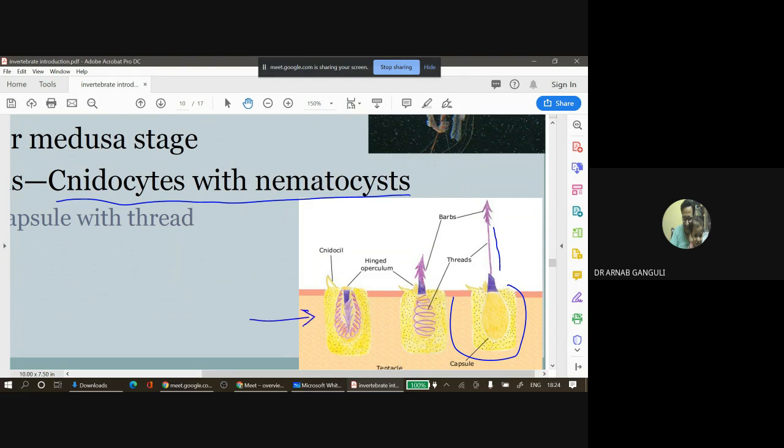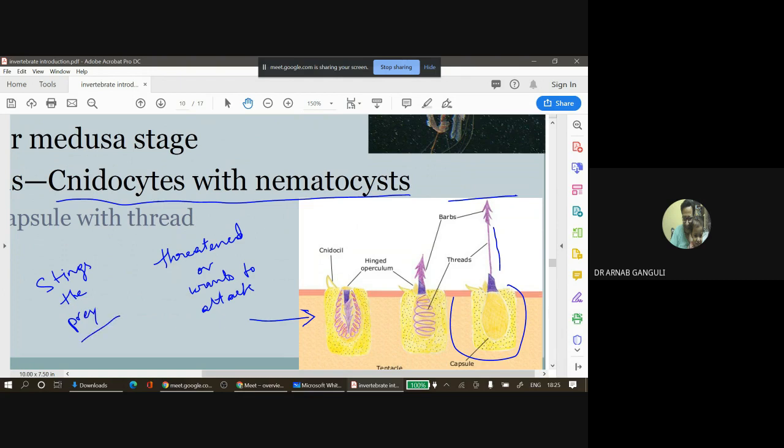Whenever the animal feels threatened or wants to attack, this coiled thing comes out and stings the prey, paralyzing it.